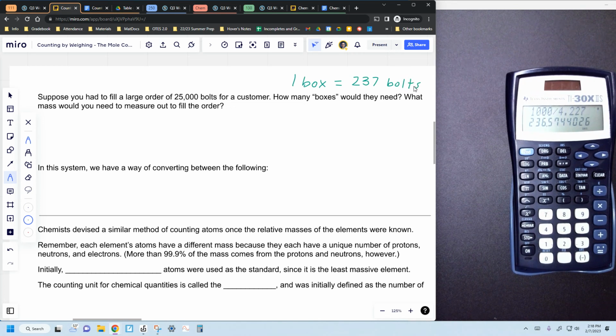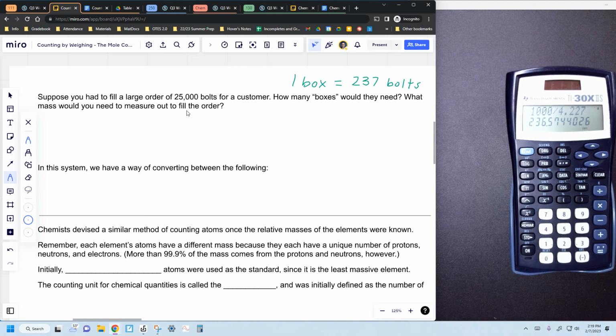And if I ran my warehouse, what I would do at this point is I would make a bunch of boxes, right? All I need to do to make a box is pour out 1,000 grams of bolts and stick them in a box. Put those up on the shelf. Pour out 1,000 more grams of bolts, put it in a box, put it on a shelf. So that I have my boxes ready to go because I'm going to start selling these in huge quantities and I want a quick way to pull them off the shelf, right?